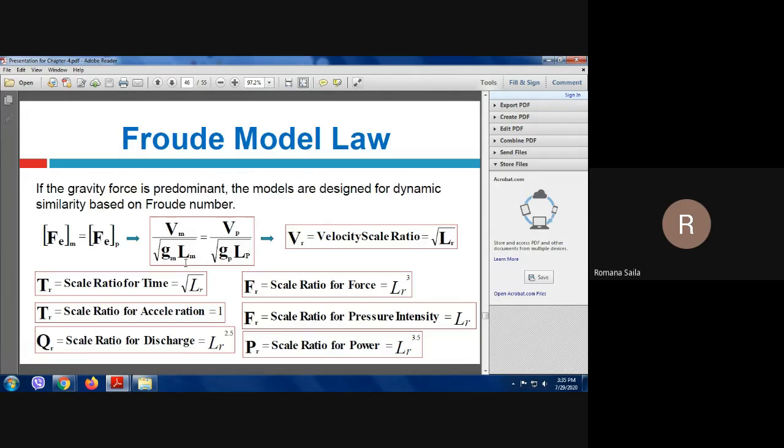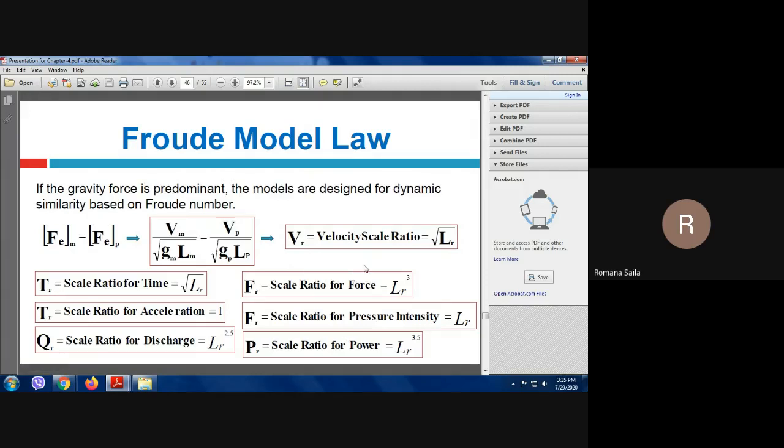We all know that. And if you have a design problem for a pipe network, then you can use diameter instead of length. So now these are the scale ratios: scale ratio for velocity, for time, for discharge, for force, for pressure intensity, and for power.